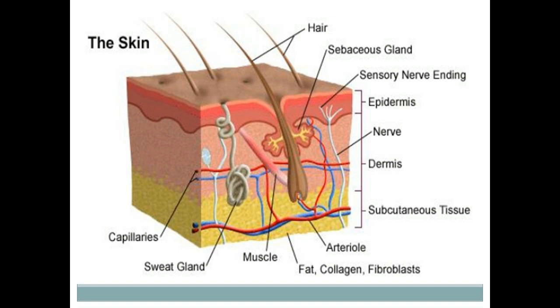So in the epidermis layer you can see the terminal ends of the sensory nerves, and you can see the ducts which come from the sweat gland, and you can see the ends of the hair and some other parts, okay. And in the dermis layer you can see the nerve fibers, capillaries and arteries, and the sweat gland you can see here.